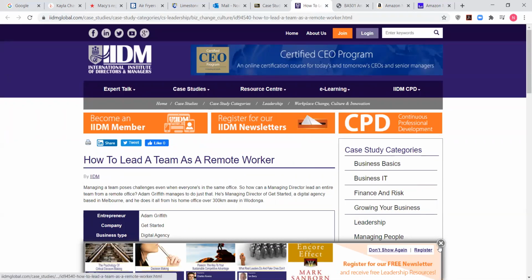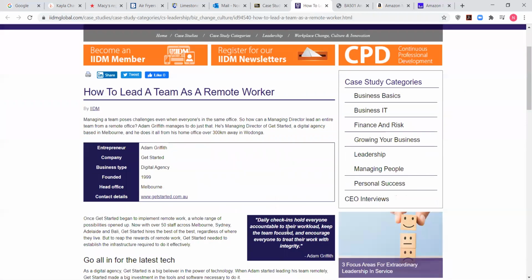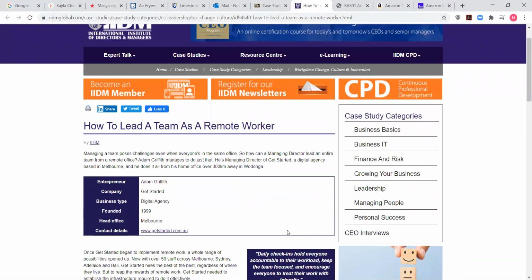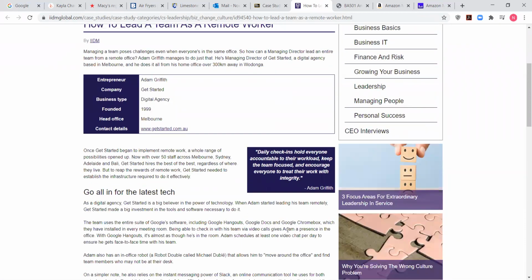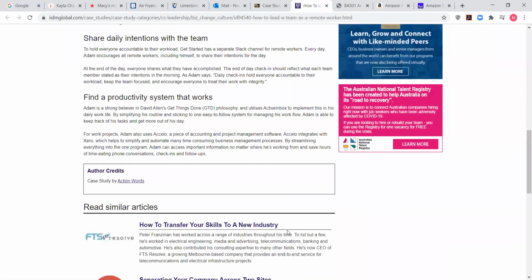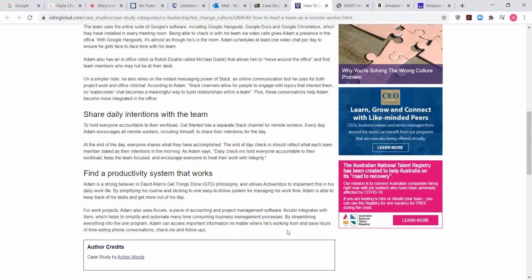This is talking about how to lead a team as a remote worker. The situation is that this particular company is looking at how you would do this. And again, it's very short, okay?